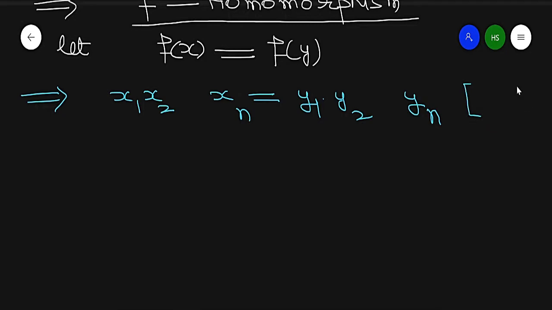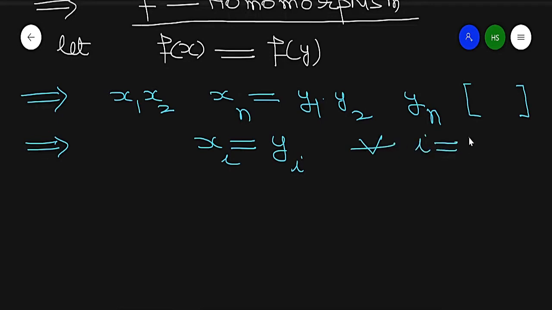As we know, in an internal product this expression is unique. If this expression is unique, then xi is equal to yi for each i running from 1 up to n. So it means this n-tuple is equal to that n-tuple. If they are equal, then it implies x is equal to y. So it proved the one-one.